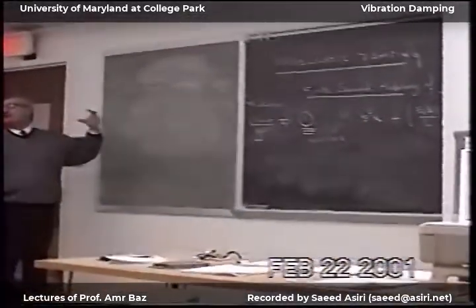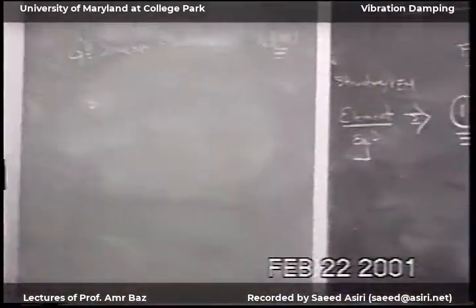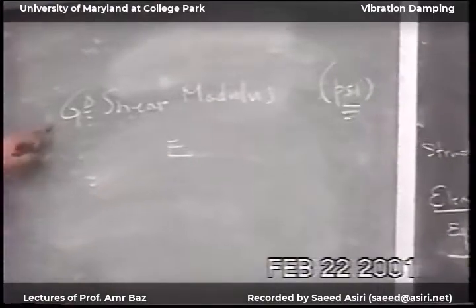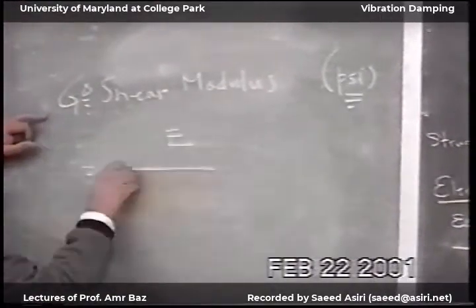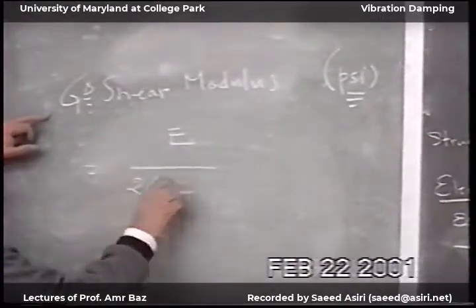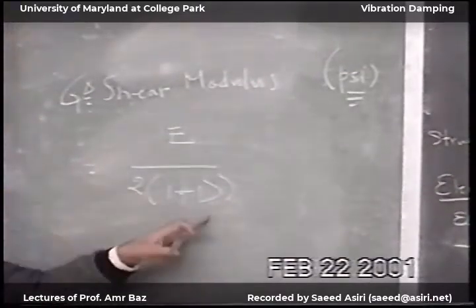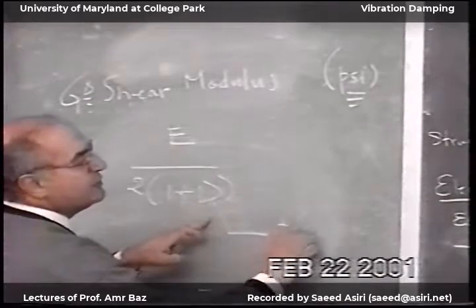Now I want to transfer this because I have a rod going in longitudinal vibration, so I need Young's modulus. Young's modulus is related to the shear modulus by this equation: E equals 2G times (1 plus Poisson's ratio).